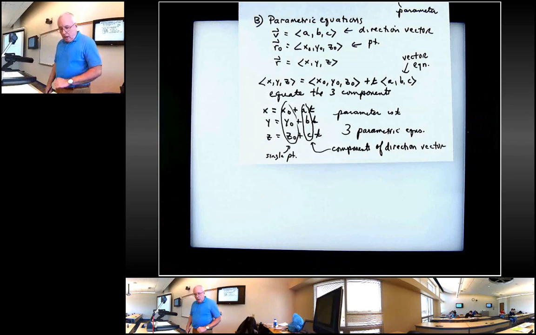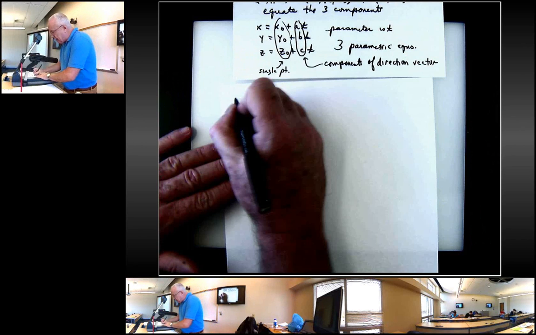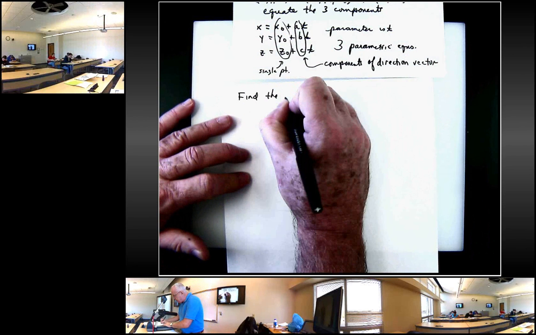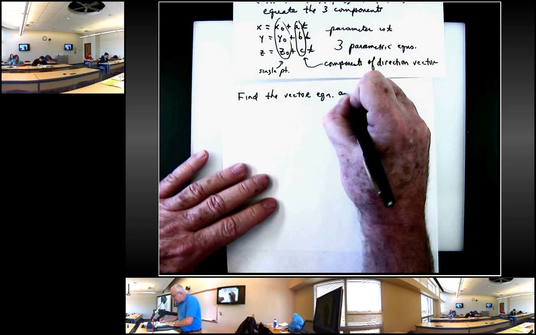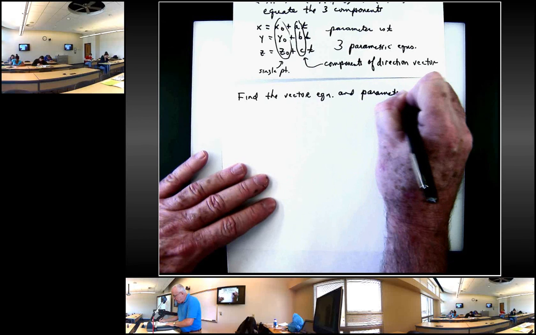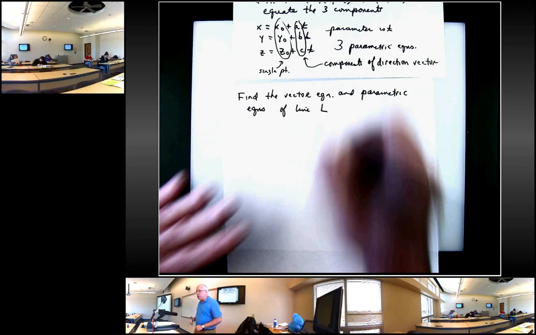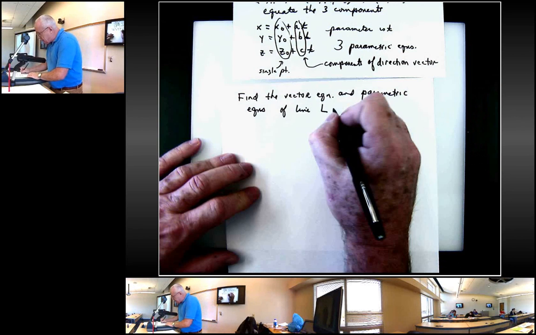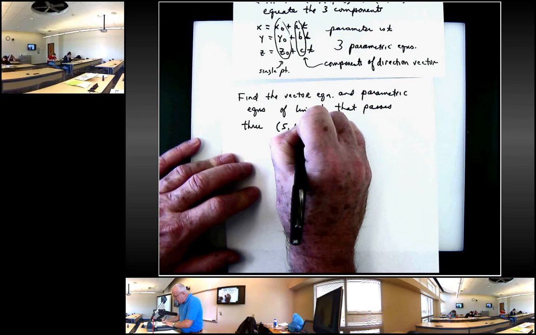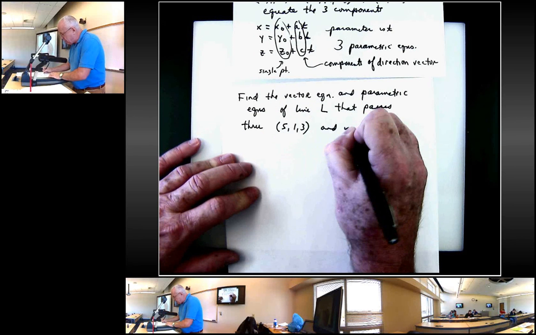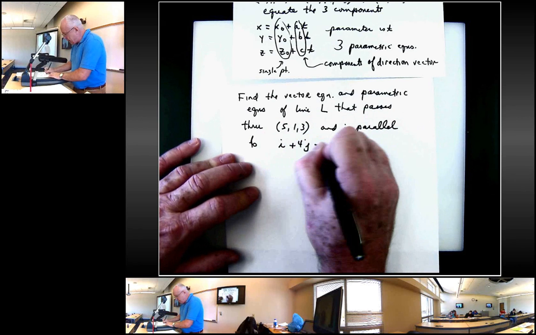Okay. So let's look at a specific example here of getting these equations. Find the vector equation and parametric equations of the line, and usually we use capital L to designate a line, that passes through the point 5, 1, 3 and is parallel to i plus 4j minus 2k.